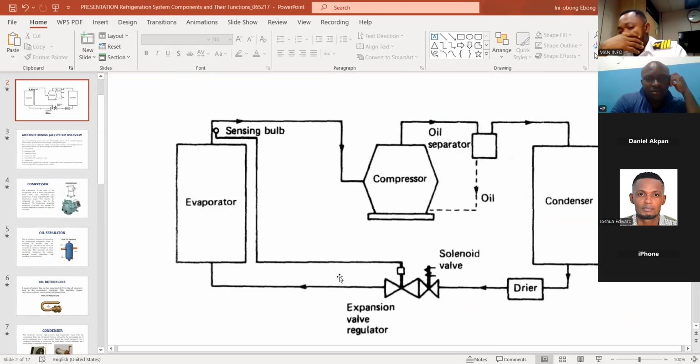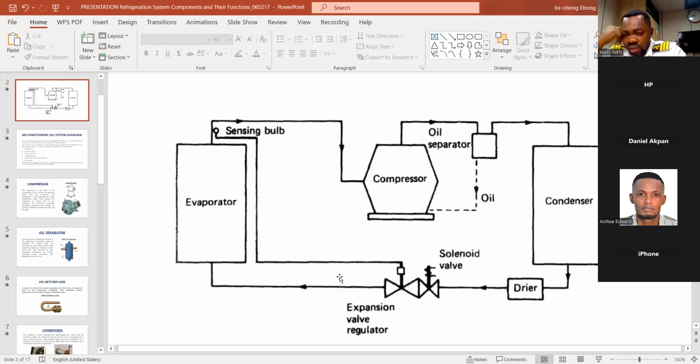On the icing, I said it before. You should be able to identify, when you are saying icing, which side of it is icing up, because people misunderstand this icing. As soon as they see ice, they just feel that the system is low on refrigerant. Not all icing means that the system is low on refrigerant. When you understand your system, you should be able to know what to do.